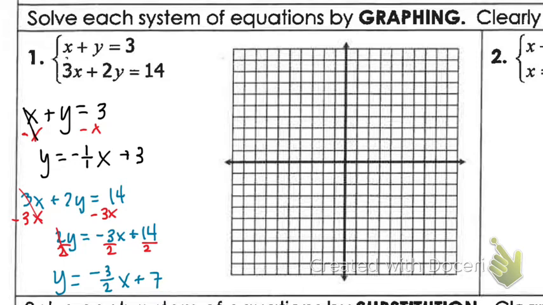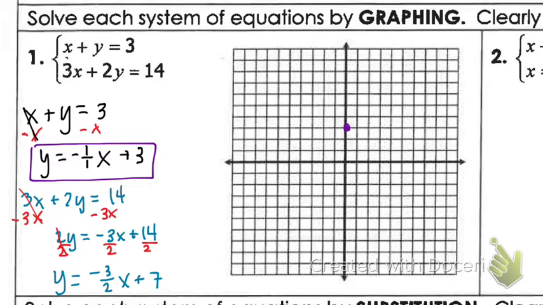Okay, so let's graph these. Are we going to start with y equals negative x plus 3? Delila, where should I put my first point? On the positive 3 on y.